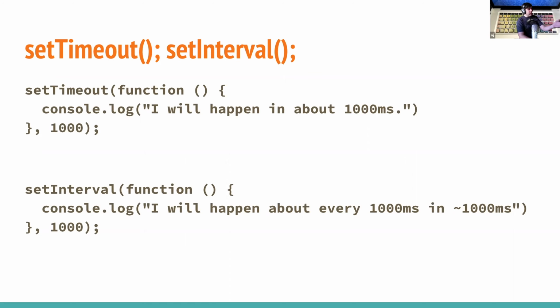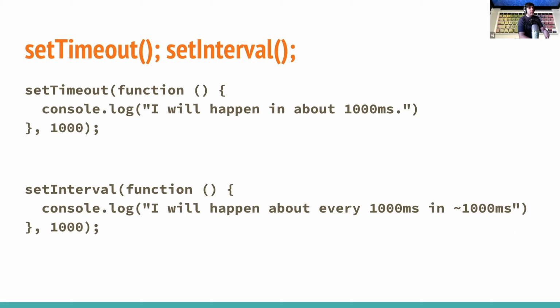So SetTimeout and SetInterval do not guarantee an exact number of milliseconds, but they're pretty close. Depending on how busy the event loop is, it could end up happening a few milliseconds later. And I can't remember if it's ever possible for it to happen earlier, but I think it may be possible to happen as much as 1 millisecond earlier.